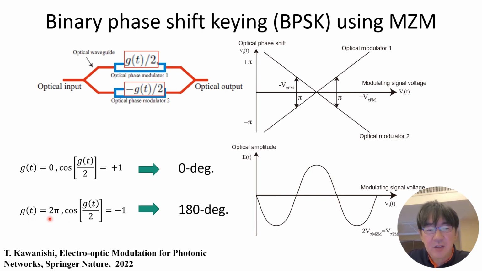If it is equal to 2 pi, we can generate -180 degrees. To get these two states, we have to apply the halfway voltage of the modulator, but it corresponds to the halfway voltage of the phase modulator embedded in the modulator. This is also a very important point.